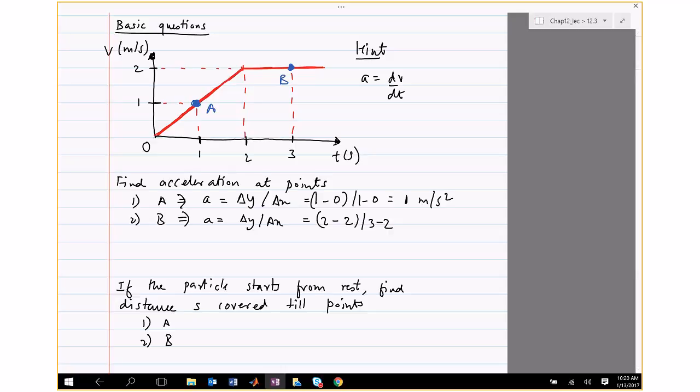Is that clear? So that is going to be 0. If the answer is 0, you do not need to put units. That's the convention. Okay, is that clear?